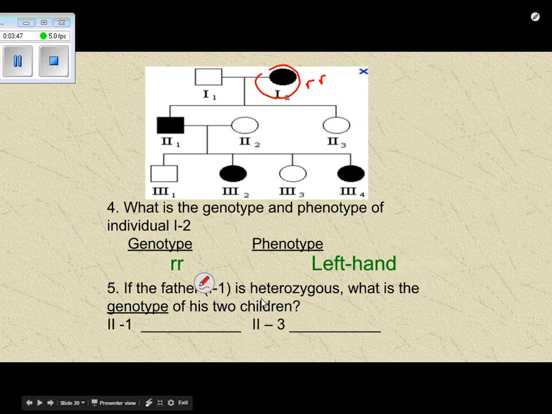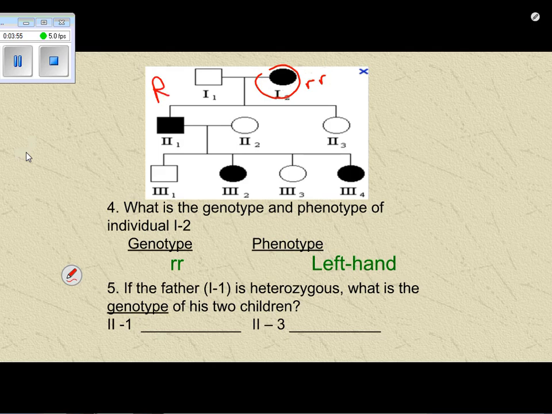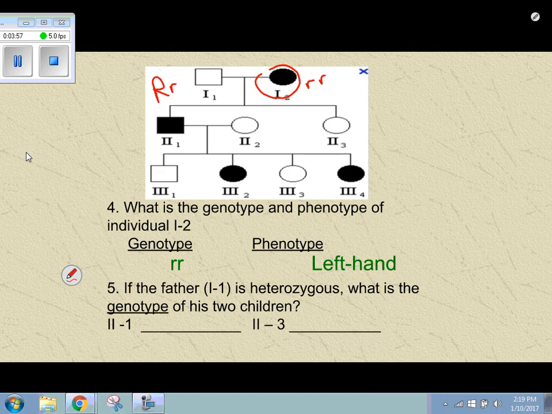Then it says if the father, this guy right here, the square, is heterozygous. I'm going to go ahead and write that down. Heterozygous, so he carries the right-handed gene and the left-handed gene. What is the genotype of his 2 children? His 2 children are this person and this person.